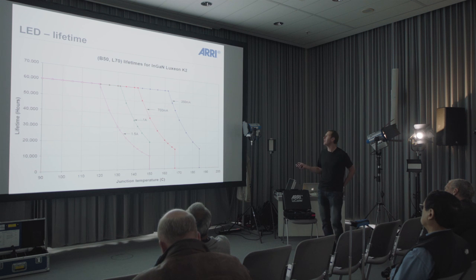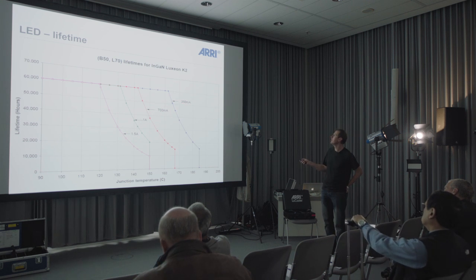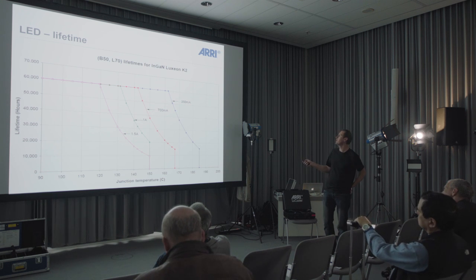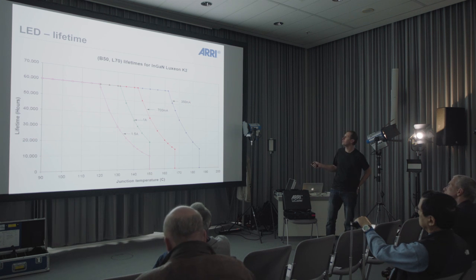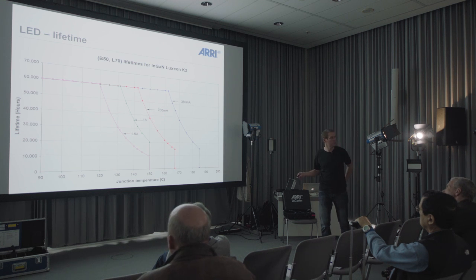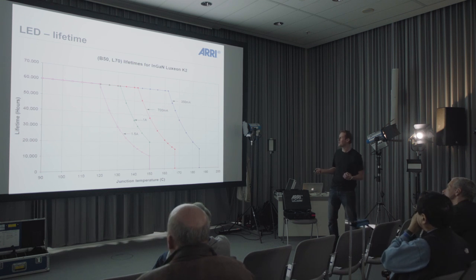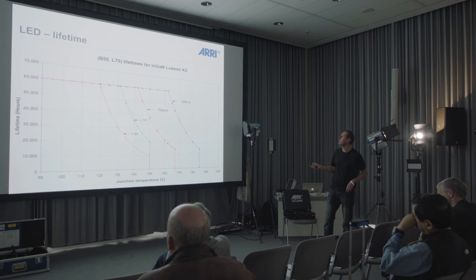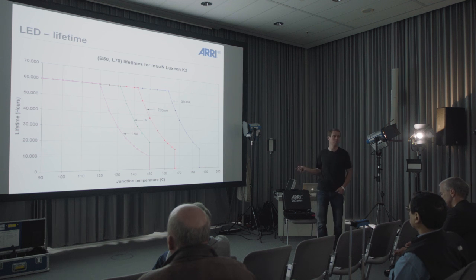LEDs are driven by a stable current of 350 milliamperes, for example, or 1 ampere is also possible. But the more current we put into the LED, of course, the more light we get. So it's always like, I would like to have a little bit more light, so push it a little bit. But once again, if you put too much current into the LED, you will lose lifetime.